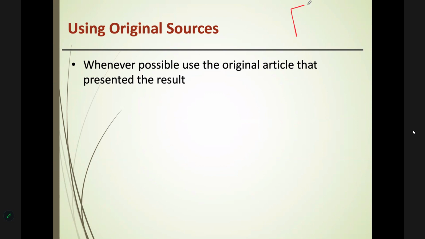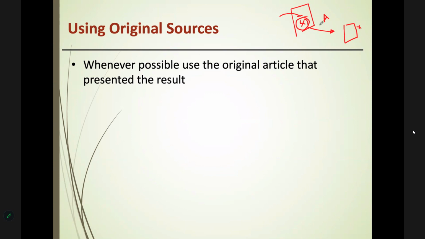So say you are referring to a paper from author A, and author A has written something which was said by author X, right? Rather than taking this sentence of author X from author A, you go to the original source. Okay, so you download the paper written by author X and then take the sentence.